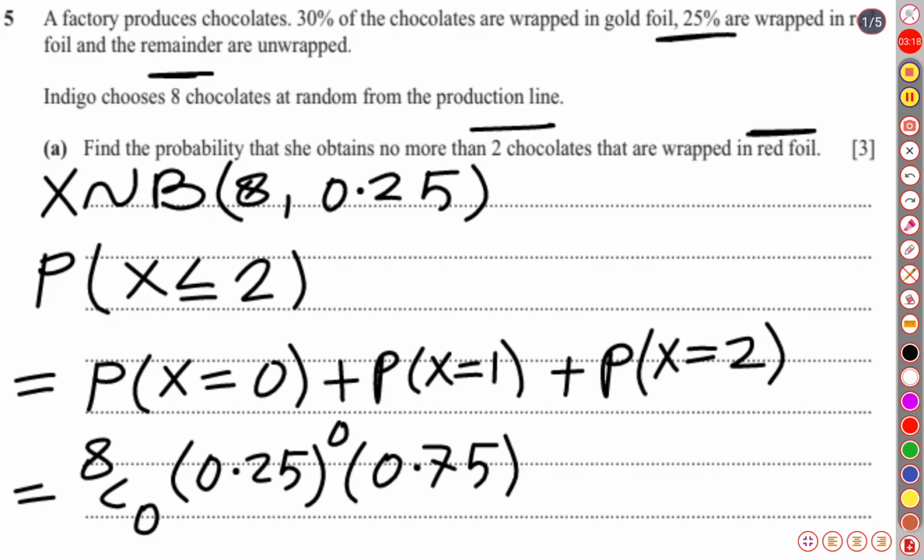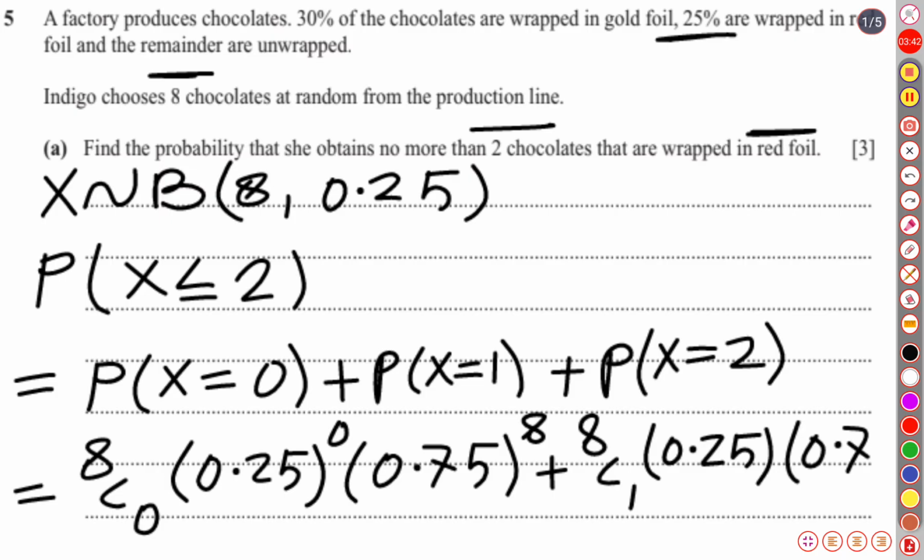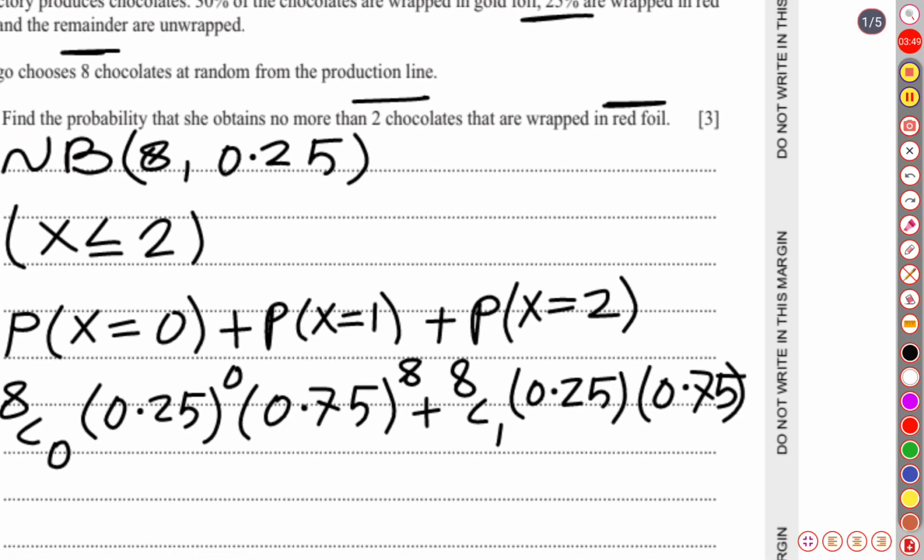But how many? 8. Then if she chose 1 out of 8 as red, the rest of the 7 will be non-red. So the probability of picking a non-red chocolate is 0.75, raised to 7.